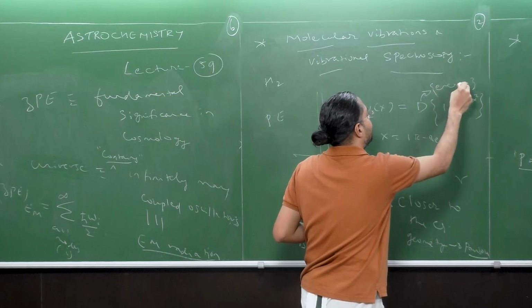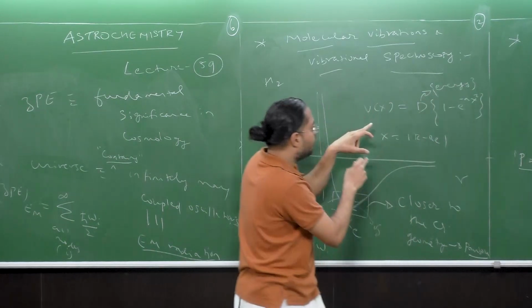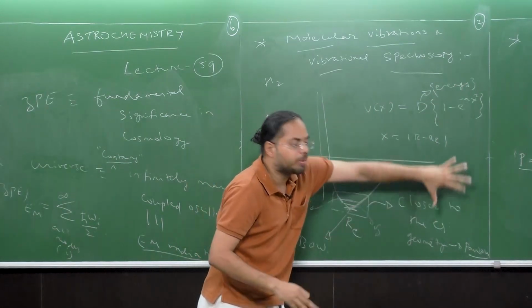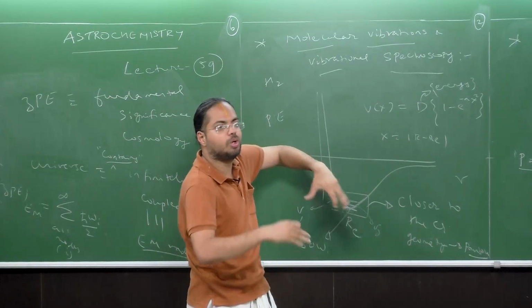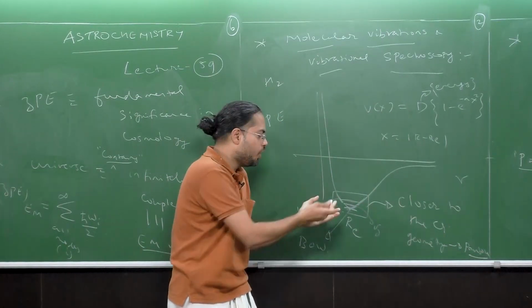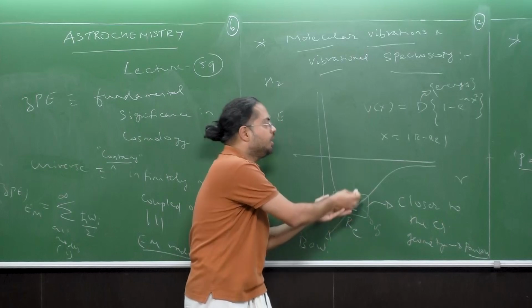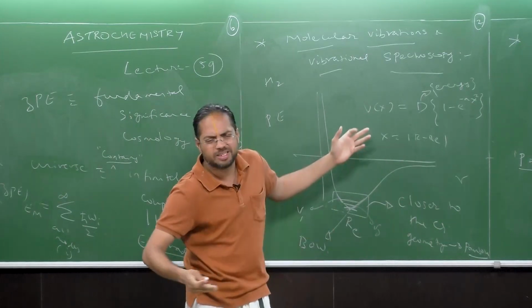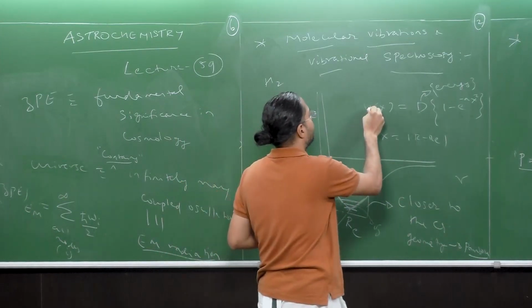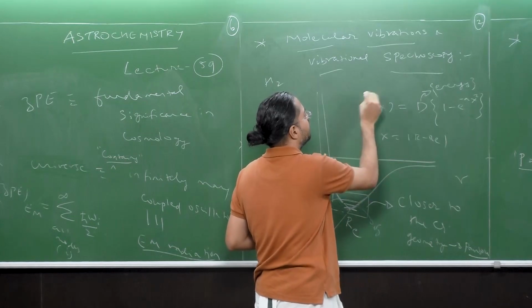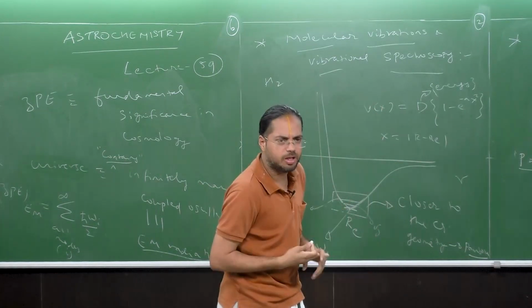With this, we describe the full potential energy surface, beyond just the region close enough to the equilibrium bond length. This potential is what is called the Morse potential.